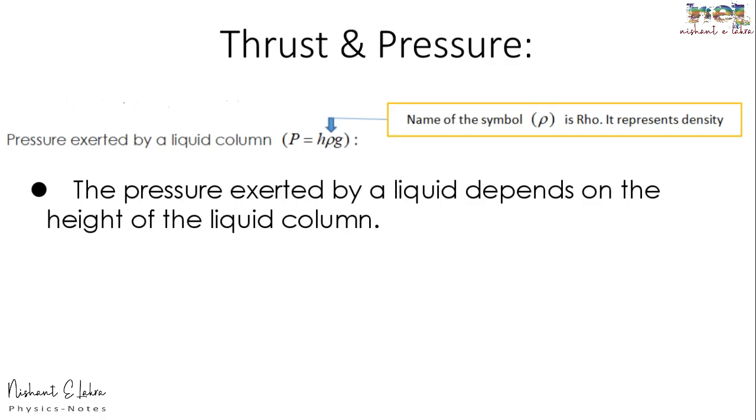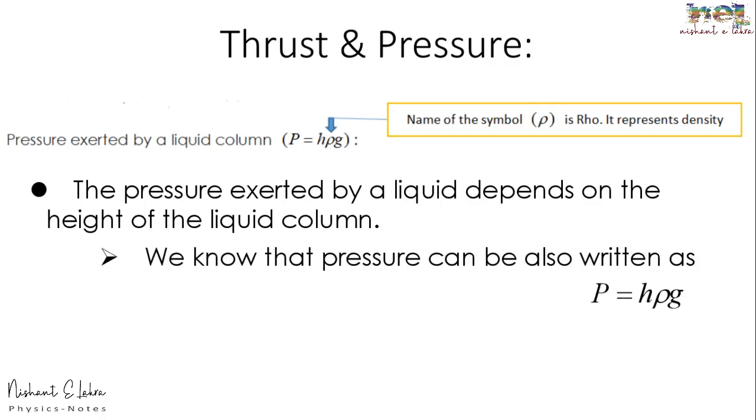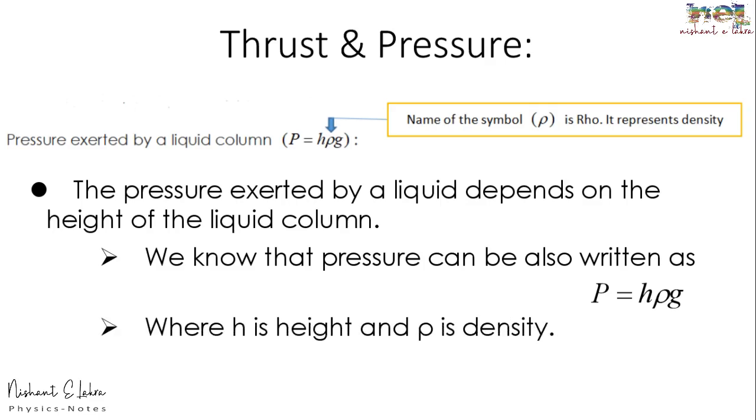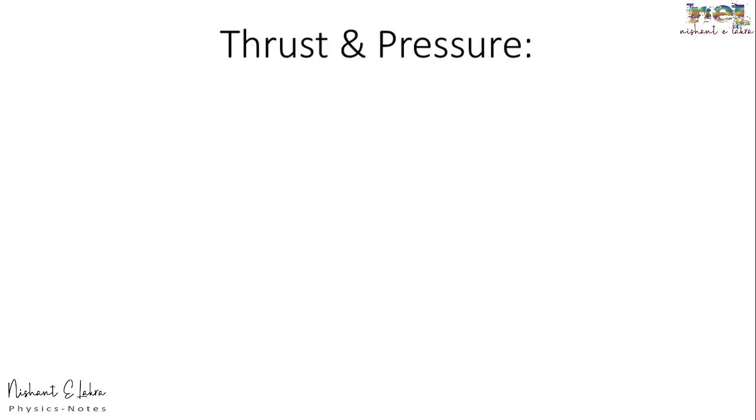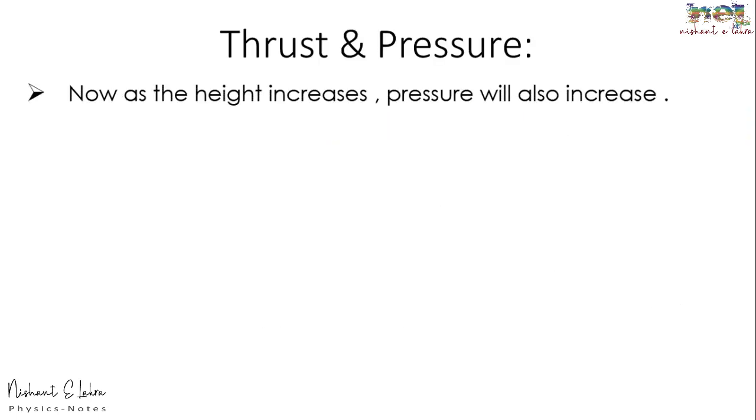The pressure exerted by liquid depends on the height of the liquid column. More height of the liquid column, in the depth, the pressure will be more. And we know that pressure can also be written as P is equal to h rho g, where h is the height and rho represents the density, and g represents the gravity or acceleration due to gravity. Now as the height increases, pressure will also increase.